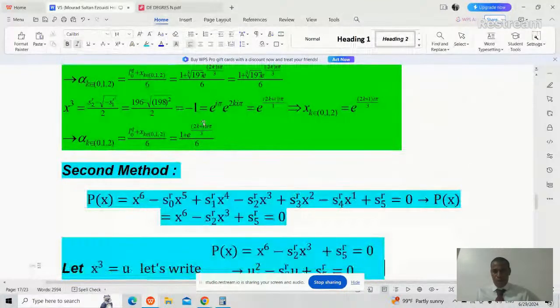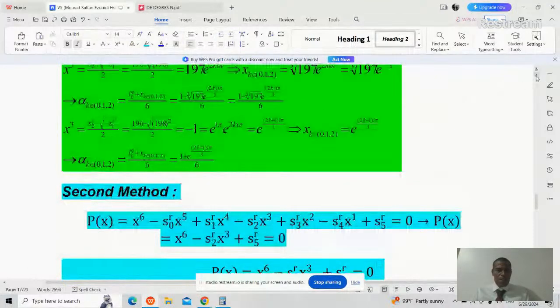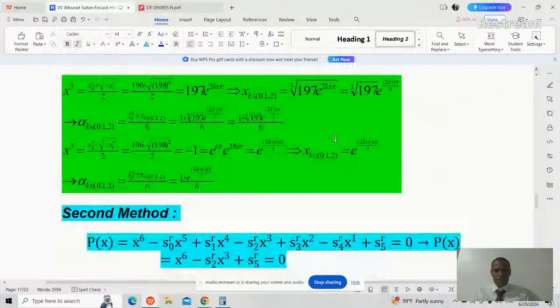Now I will just focus on xk, learners. xk is exponential 2k plus 1 i pi over 3, and also the cube root of 197 exponential 2k i pi over 3. These are the roots of the new polynomial that we found from the polynomial to the power 6. And these are the roots, learners.